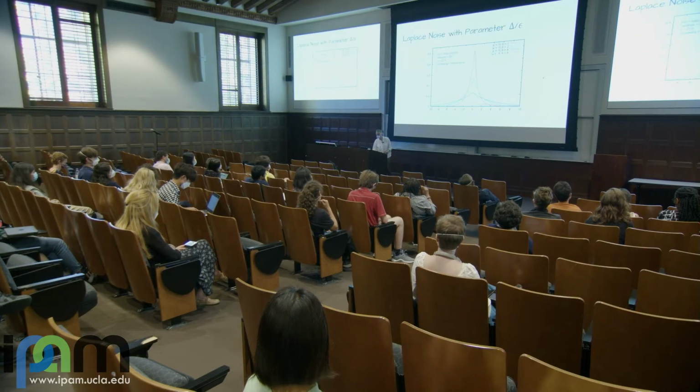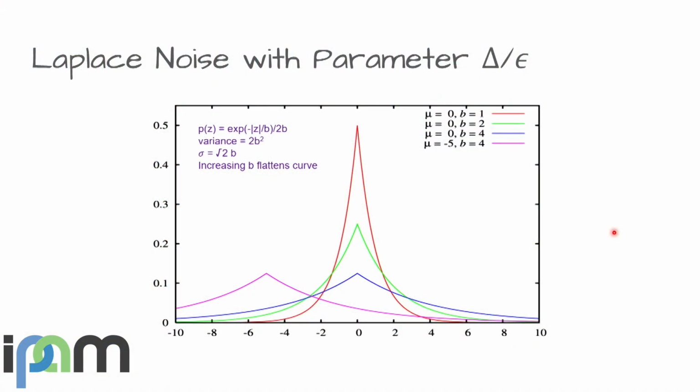The actual correct answer here is what's called the Laplace noise distribution with parameter delta over epsilon. So you can look up this distribution on Wikipedia and see why that's the right answer. So that's all I'm going to say. This is just one example of how to release the value of a real valued function in a differentially private way.